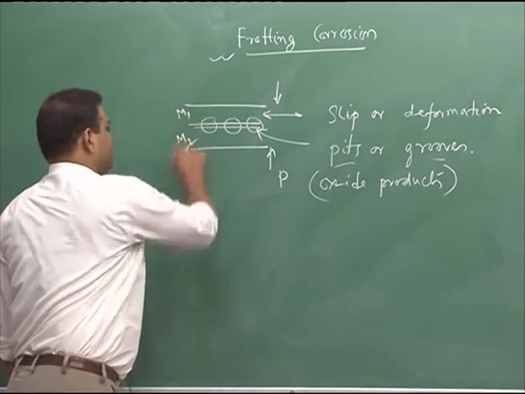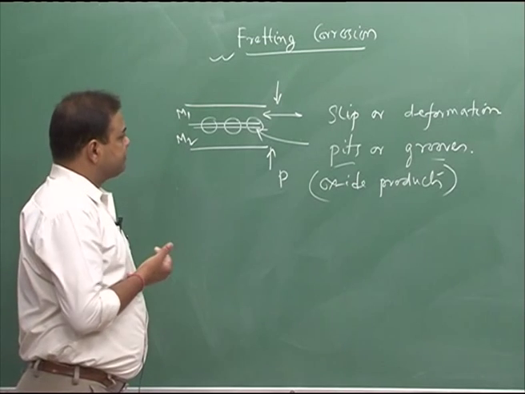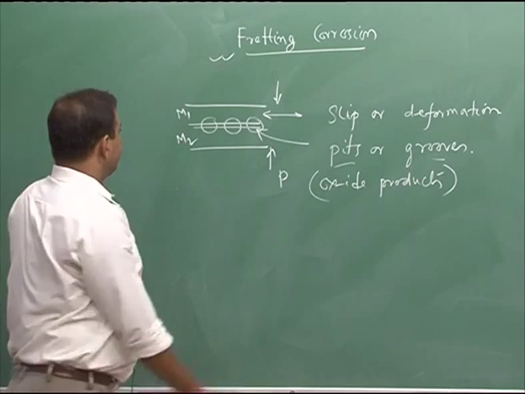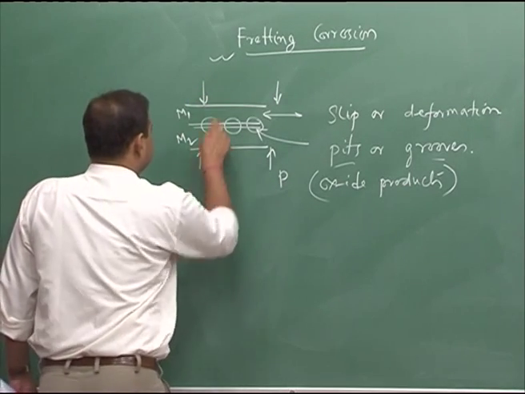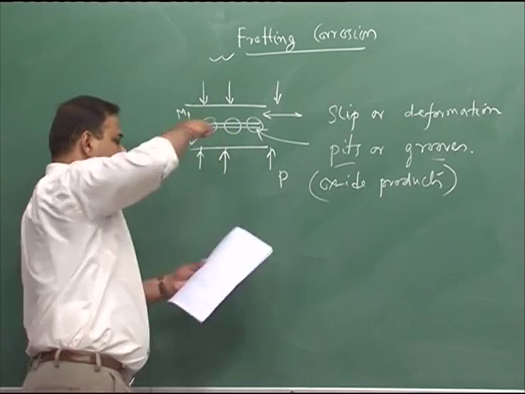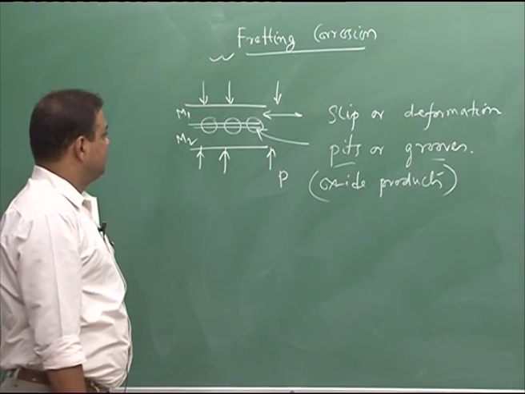These oxide products are basically small particles that are deposited in the pits or grooves in this zone. What is the impact of this fretting corrosion? They are under pressure, and we want them to be in close contact all the time.